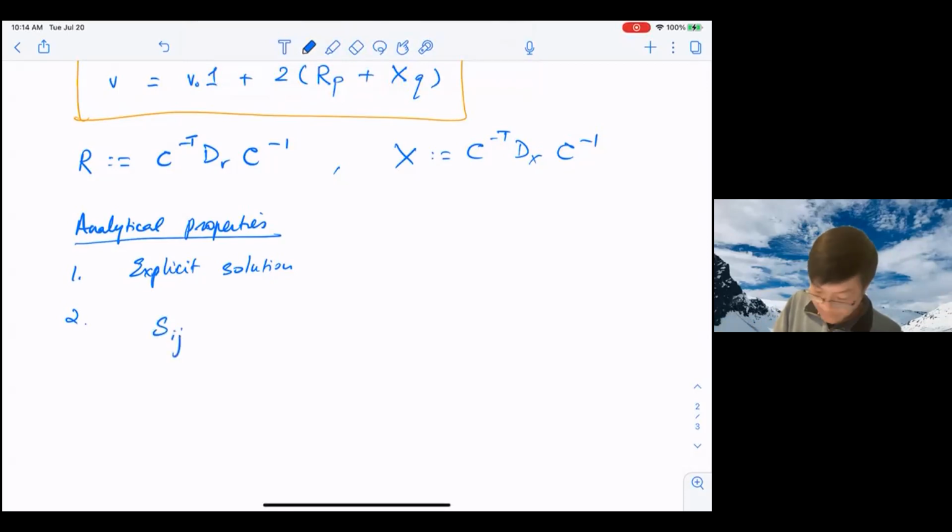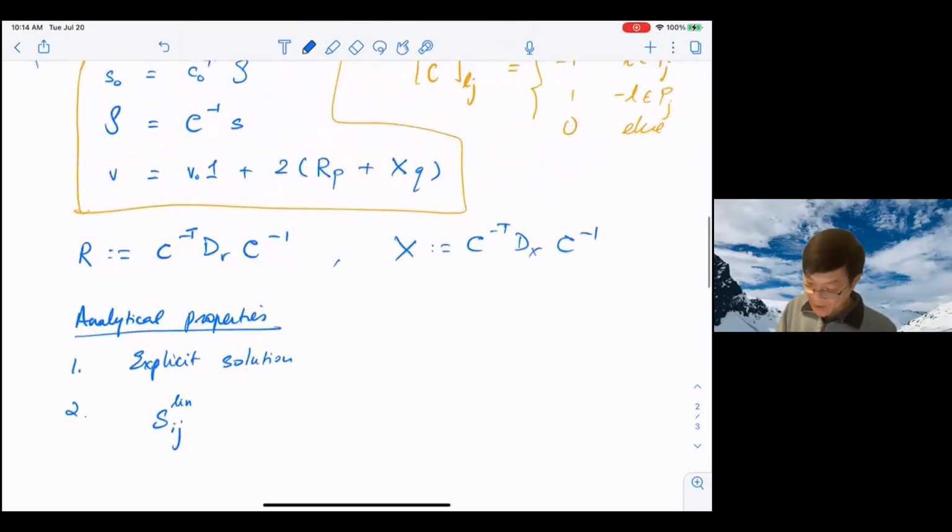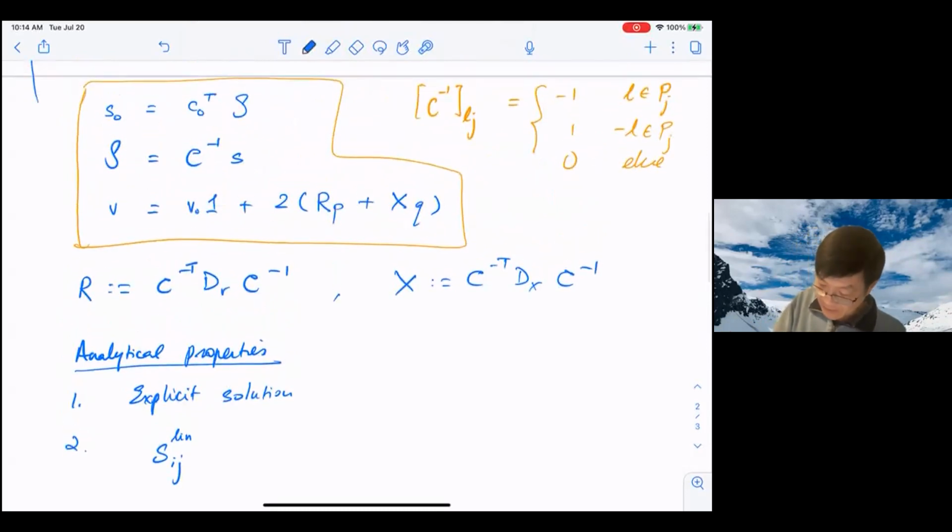S_ij. Let me denote this by the linearized model. That is, if you solve this quantity on line ij, so this is linearized. So let me maybe add, V is also linearized.